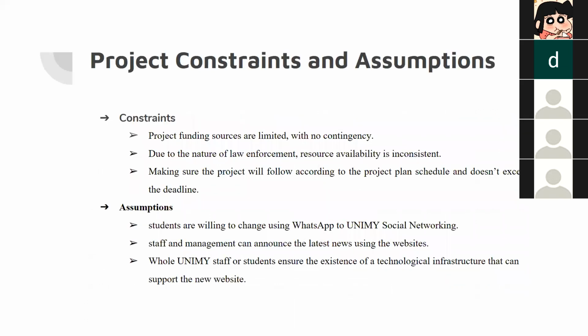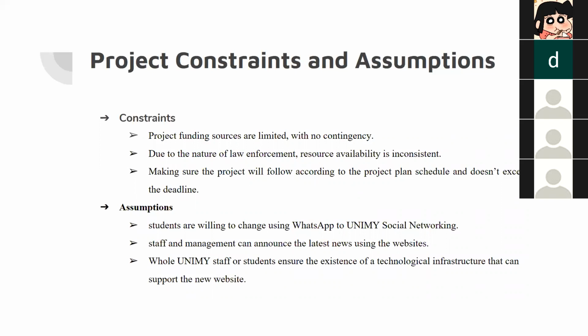So next is our project constraints and assumptions. For constraints, our project funding sources are limited with no contingency. Due to the nature of law enforcement, resource availability is inconsistent. We must make sure the project follows the project plan schedule and does not exceed the deadline. Our assumption for our project is that students are willing to change from using WhatsApp to UniMy social networking.